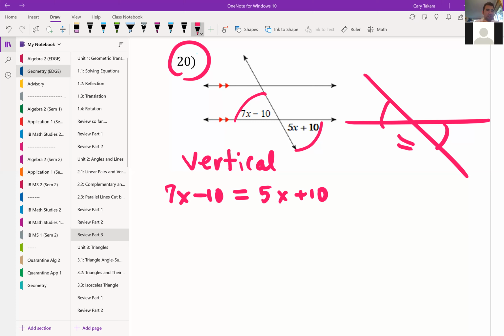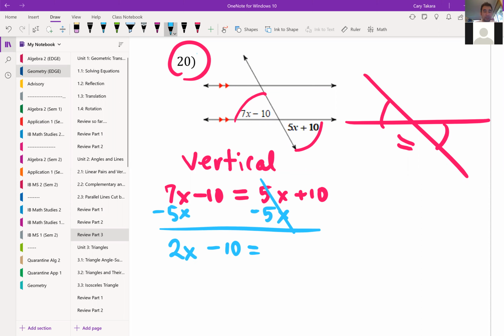So now let's solve it. This time x and x are all separated. So let's get rid of the smaller x. I'm going to subtract 5x. Subtract 5x. So now I get 2x minus 10 equals 10. And then what would you do next?